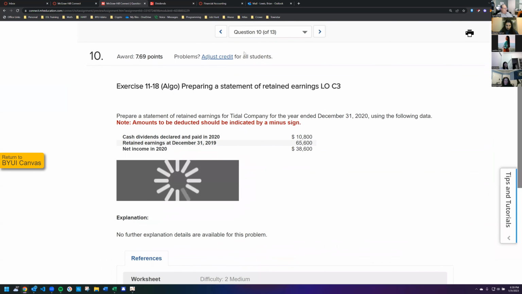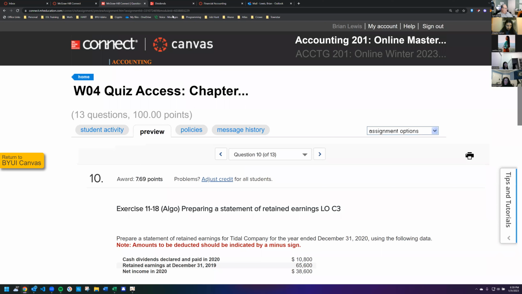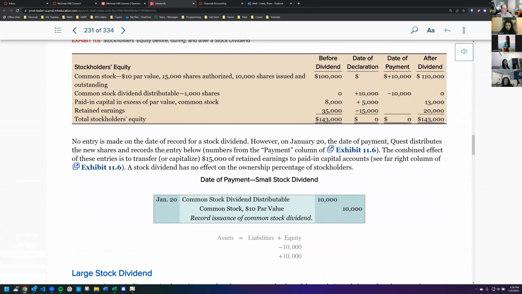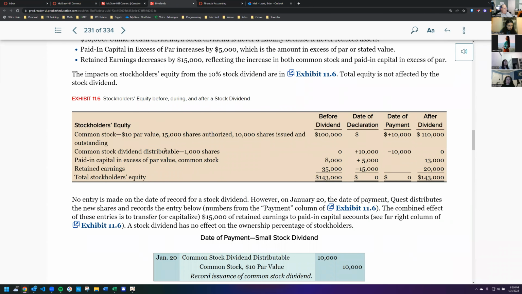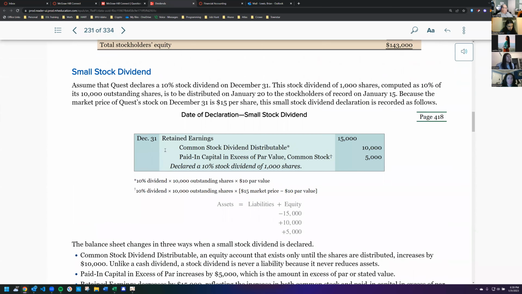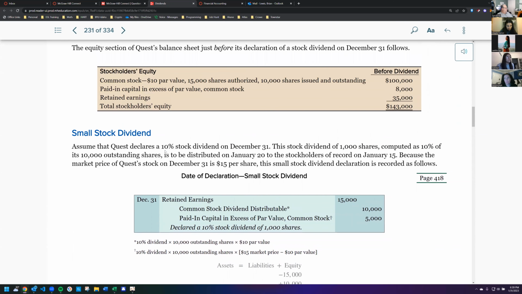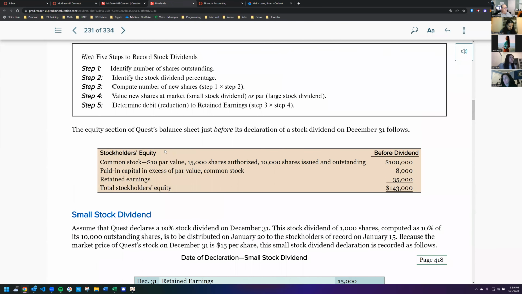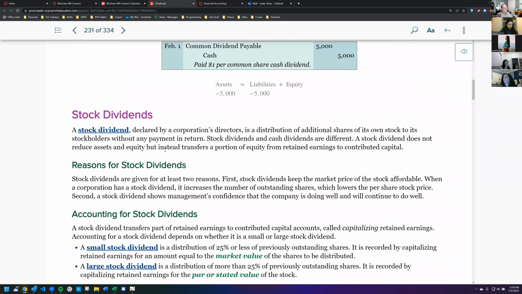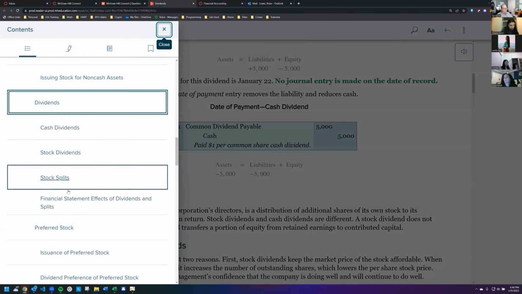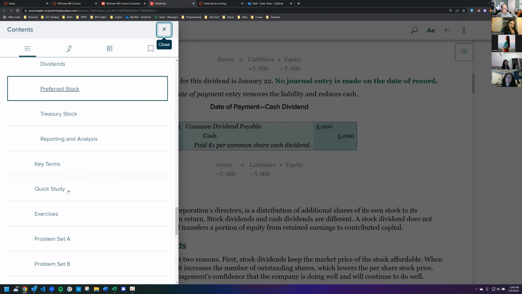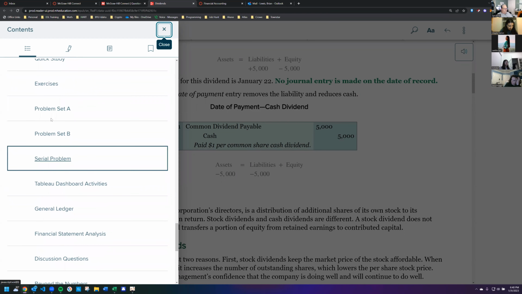Huh, okay, it doesn't look like you were quizzed on this at all. So let's go back here. I know there's an example. In fact, I remember going over this at one point. Let's see if we can find an exercise that does that.